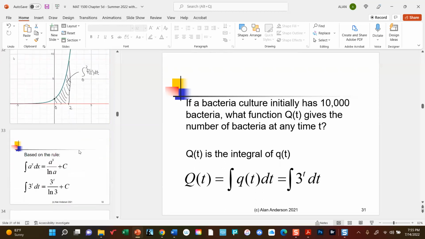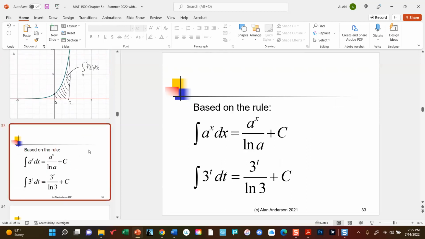3 to the t, where have we seen something like that before? Oh, wait a minute. Could it be this one? So of course it's t's instead of x's, but you get the idea. Well, then it must be the case that we have 3 to the t over log 3 plus c.